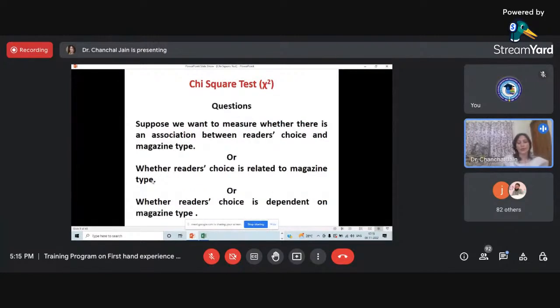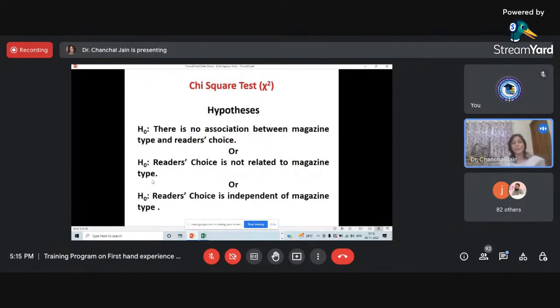Lastly, for the third question, whether reader's choice is dependent on magazine type, I can formulate my hypothesis as: reader's choice is independent of magazine type. So, friends, since all three questions state almost similar meaning, we can make these three types of hypothesis.